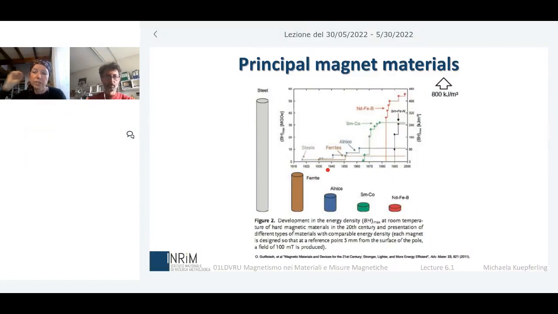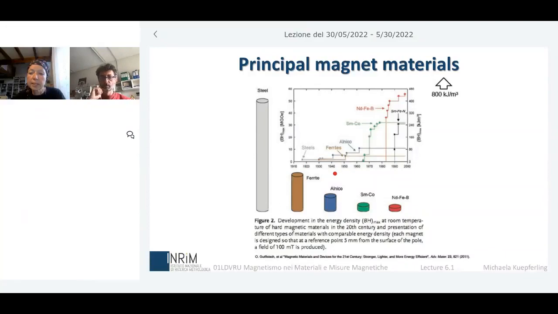As I told you in the last lecture, steels are usually soft magnetic materials, but you can improve their hardness a little bit by creating some pinning of domain walls, by introducing some defects, for example, at the grain boundaries and so on.